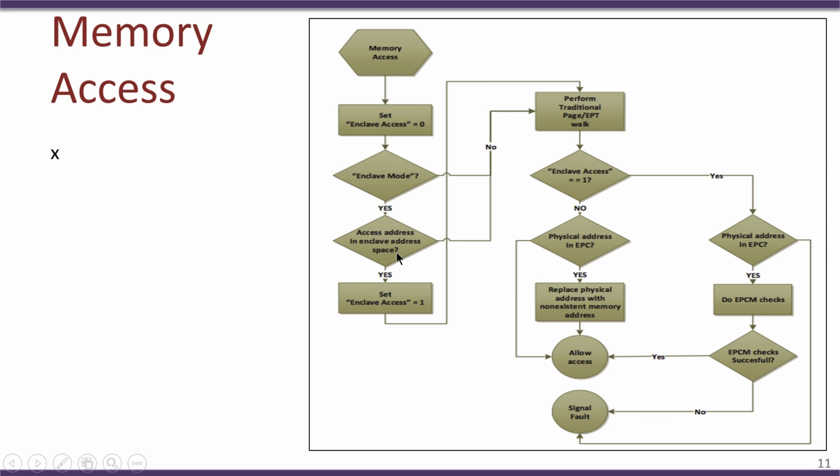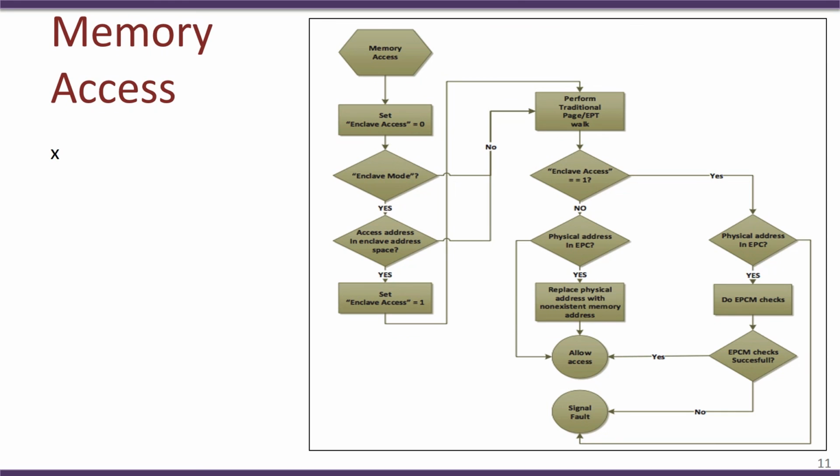No. So, we come here, we perform the traditional page table walk and obtain the corresponding physical address. Then we check whether enclave access is equal to 1: no, because enclave access is still 0. So, we come here and see that there is a check for physical address in EPC. In this case it is no, because we are in the enclave mode but trying to access data which is outside the enclave, and therefore, the access is permitted.